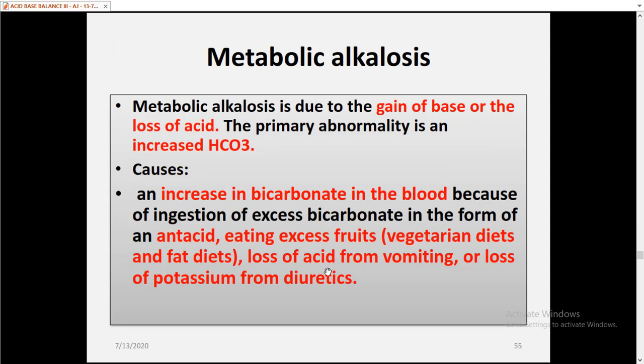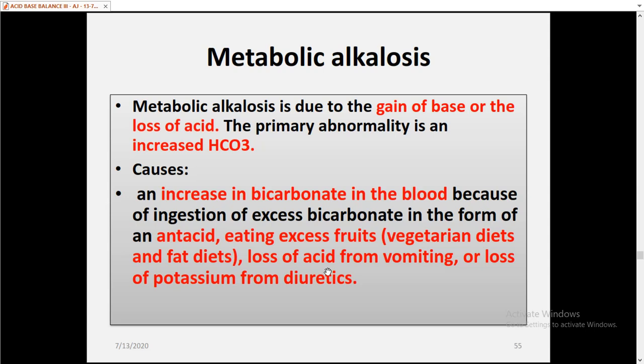In metabolic alkalosis, which is due to the gain of base or loss of acid, the primary abnormality is an increase in bicarbonate. The common causes could be an increase in the bicarbonate in the blood, either due to ingestion of an excessive amount of bicarbonate in the form of antacids, or eating excess fruits and vegetables, or seen in vegetarian diets or fat diets.